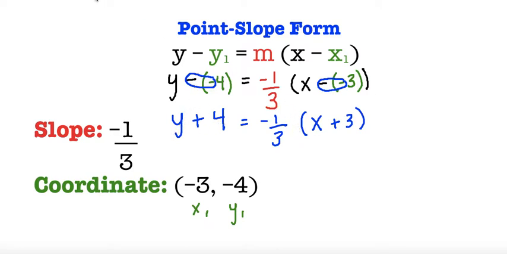So if we do see a positive here, it means that our coordinate is actually negative. So our coordinate is negative 3, because we see a plus here because it's minus a negative, comma, negative 4, and our slope is negative 1/3.